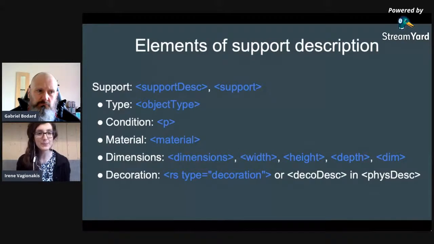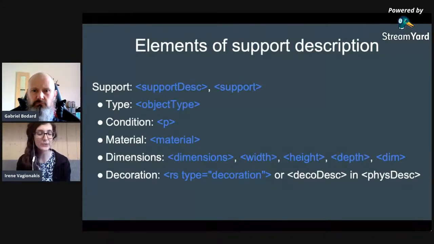And if we use, as we have seen, the more discursive approach, we have a paragraph surrounding everything, inside which we find also the decoration and the condition of the support. Otherwise, if we choose the more schematic approach, we have a separate paragraph. So we do not have a paragraph surrounding everything, but we just have a paragraph for the condition and the decoration if we want to put them together, and if they are present.